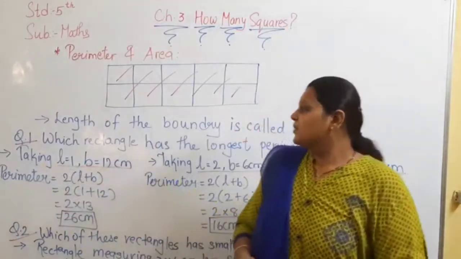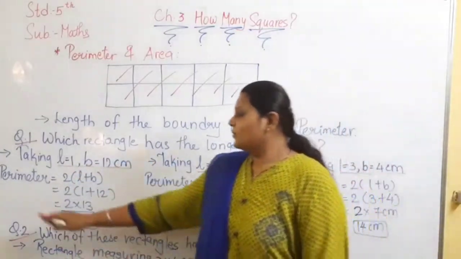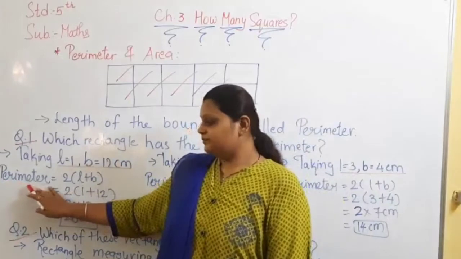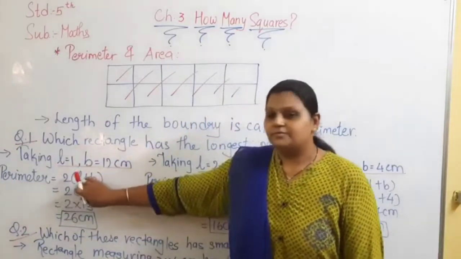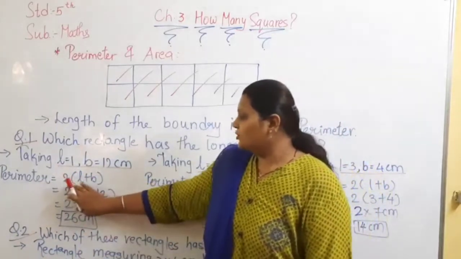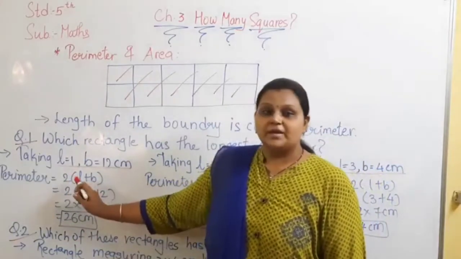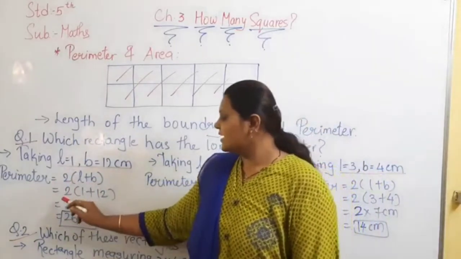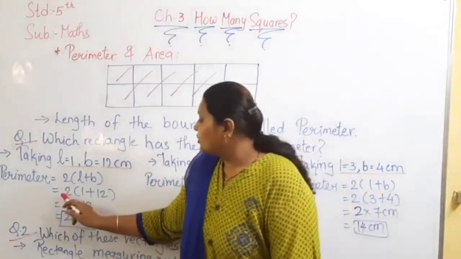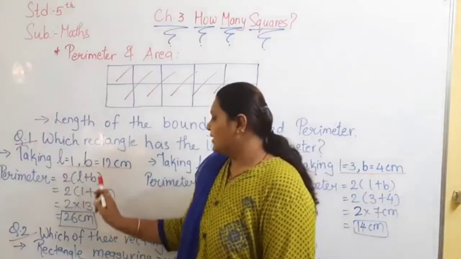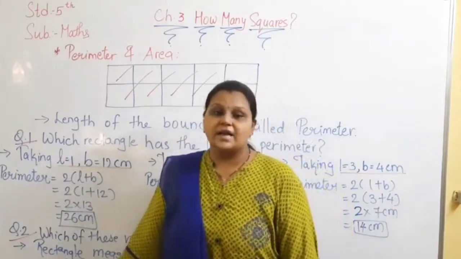When we want to find the perimeter, we have to remember one formula, that is 2 into L plus B. Here 2 is in a multiplication relation, so 2 multiplied by length plus breadth. Length is 1, breadth is 12. 2 multiplied by 13 will be 26 centimeter.